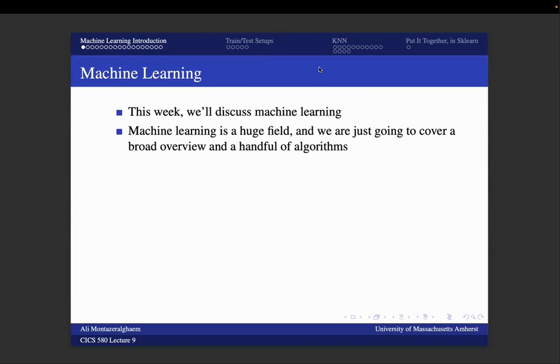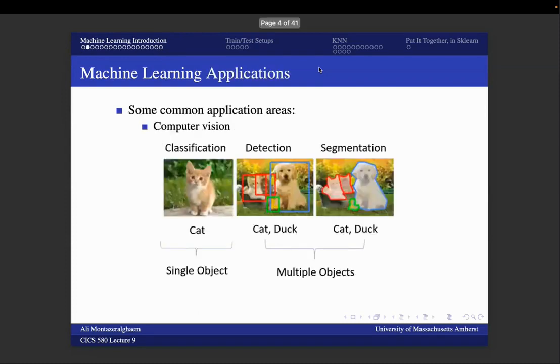So in this lecture, I will try to cover a broad overview of that, and maybe a handful of simple algorithms in machine learning to show how they work, and maybe that can be useful in your research.